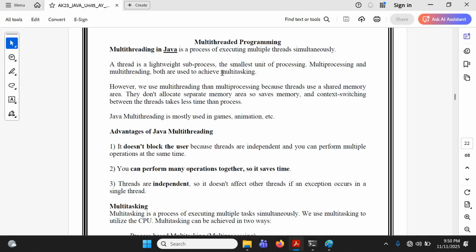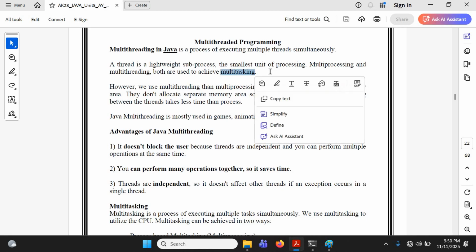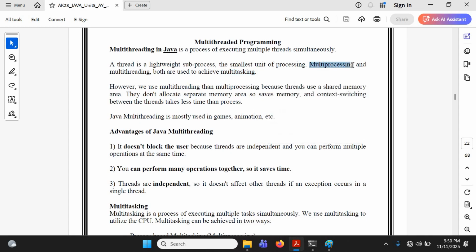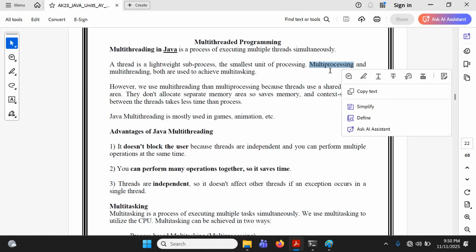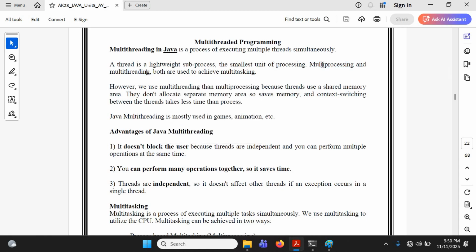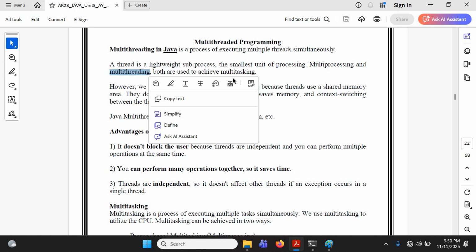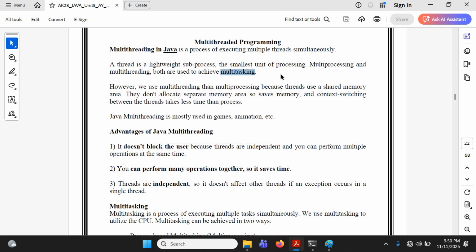In computer science, multitasking is achieved through two aspects: multiprocessing and multi-threading. I told you about process and I told you about thread. Through these two ways, you can achieve multitasking.